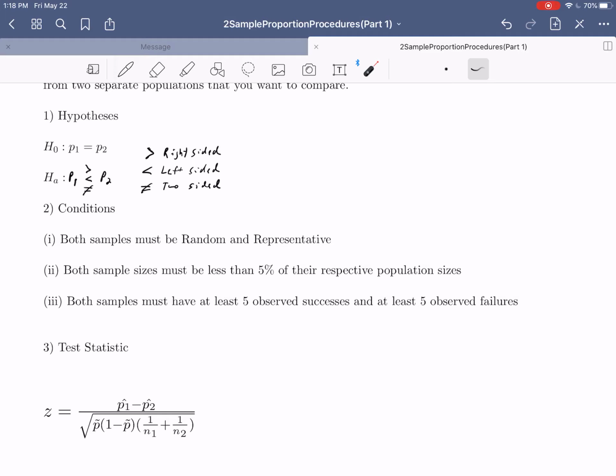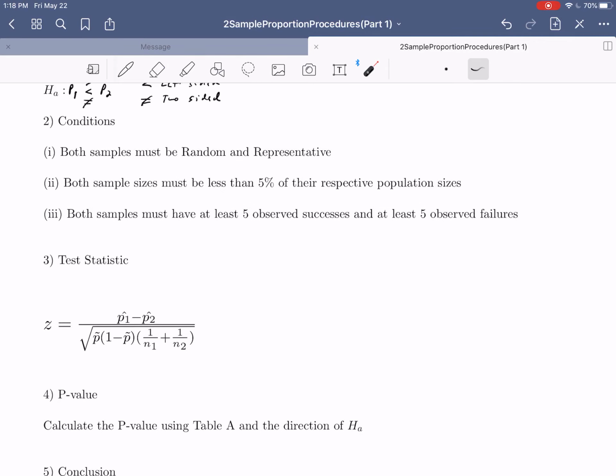So instead, we use something more similar to the one-sample proportion confidence interval condition, in that we need to look at the observed successes and observed failures. This says that both samples must have at least 5 observed successes and 5 observed failures. So you need to have at least 5 successes and 5 failures in your first sample and at least 5 successes and at least 5 failures in your second sample. We have to make sure that that happens in each sample.